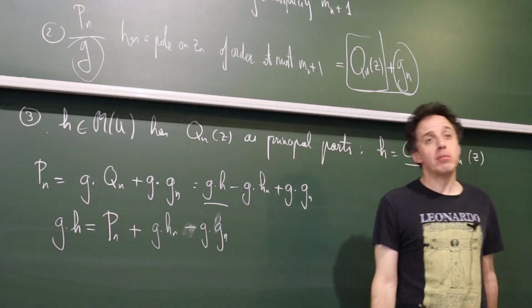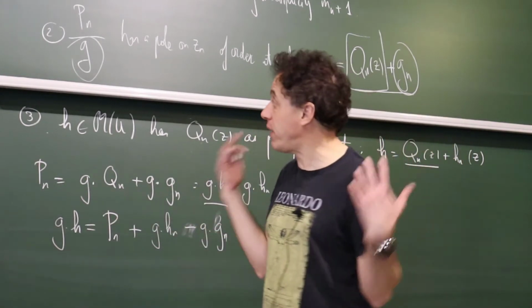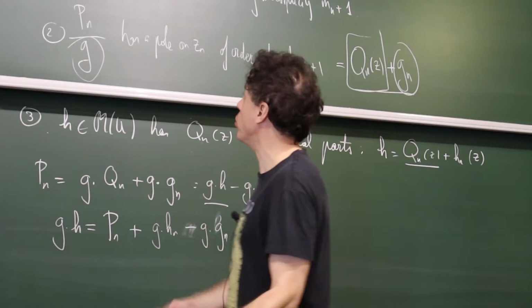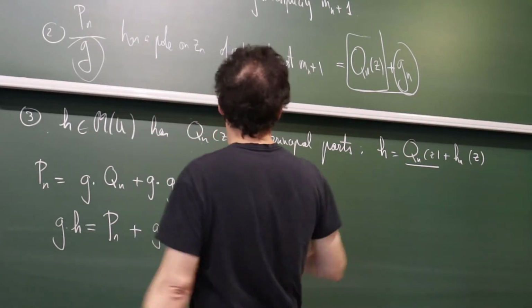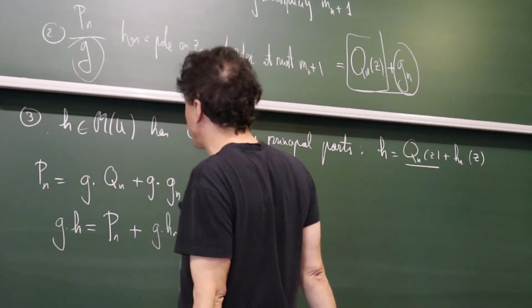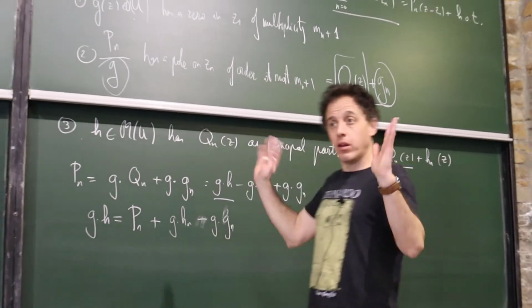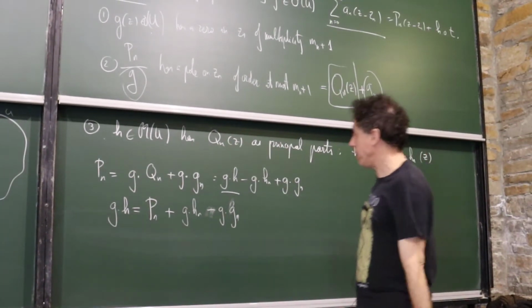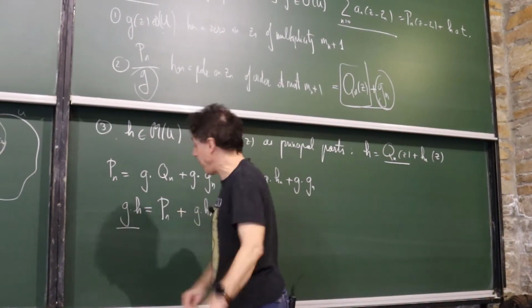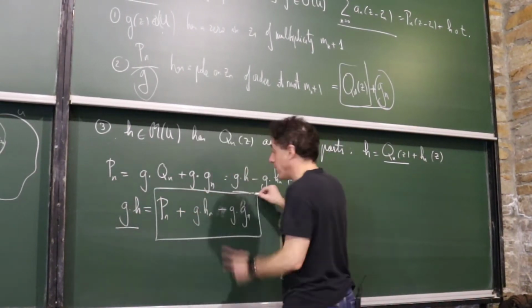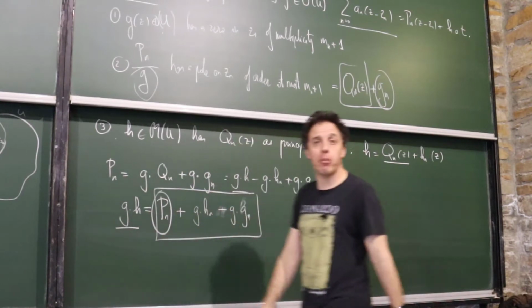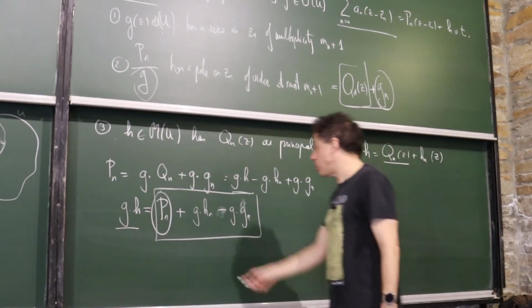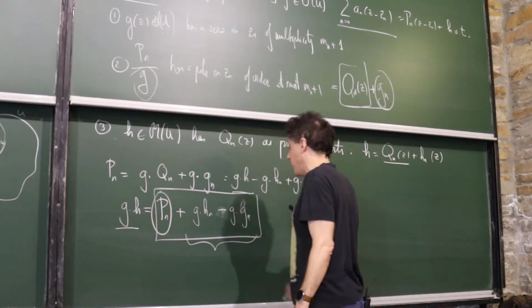G times h is well defined in the whole set U. G was holomorphic and h was meromorphic, but it is defined in U. But locally around some point Zn, this function that is well defined is like this. So it is this polynomial here, and let us have a look at the rest of the terms here.